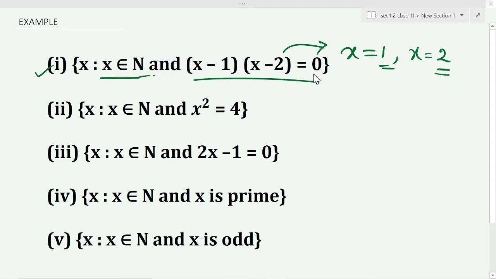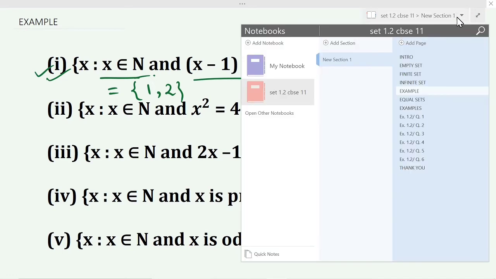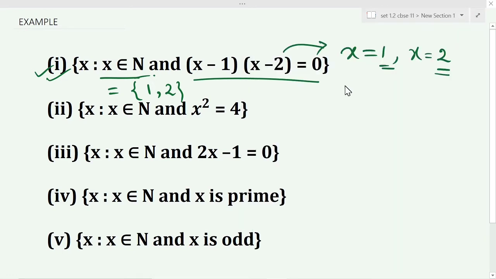So this set will be equal to {1, 2}. So the first set contains only two elements. We can count the elements of number 1 set. Okay, so number 1 set is finite set.